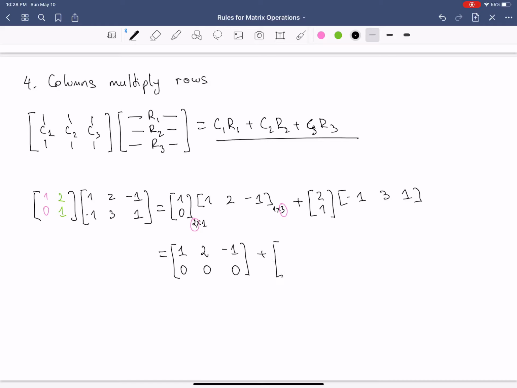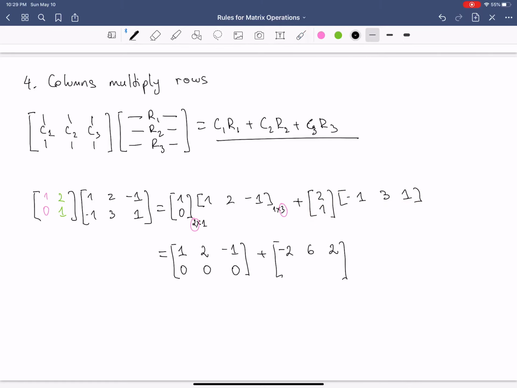Plus, now the first row in the answer here is 2 times this row. So I can just directly write -2, 6, 2. And then the second row comes from 1 times this row.